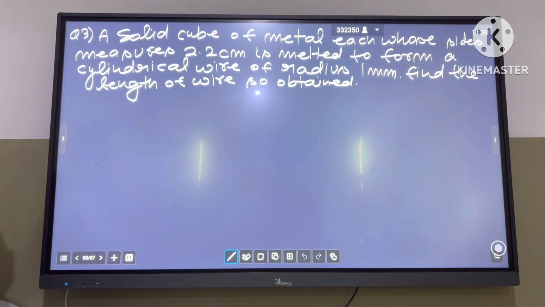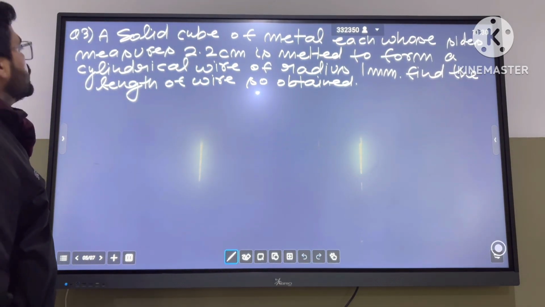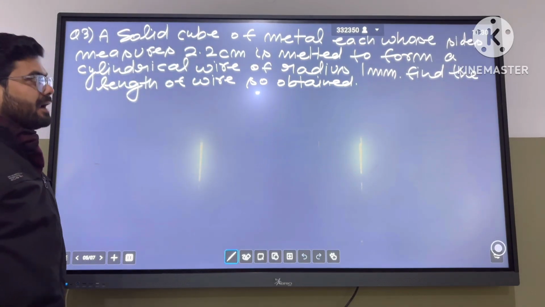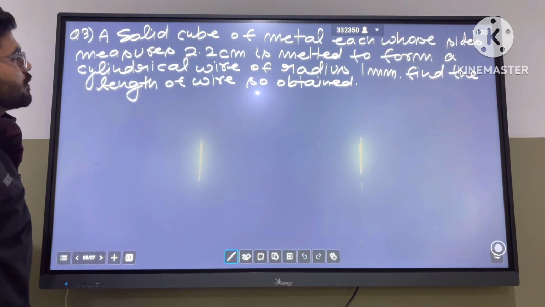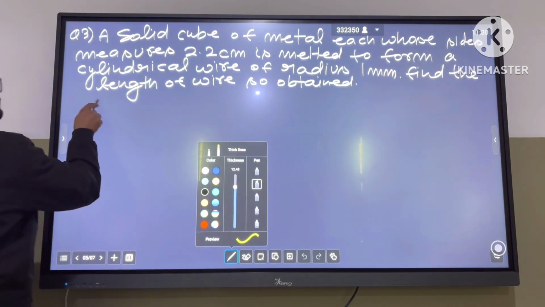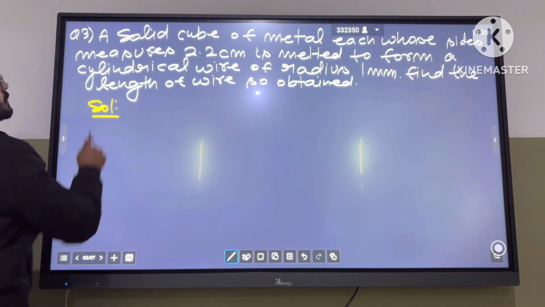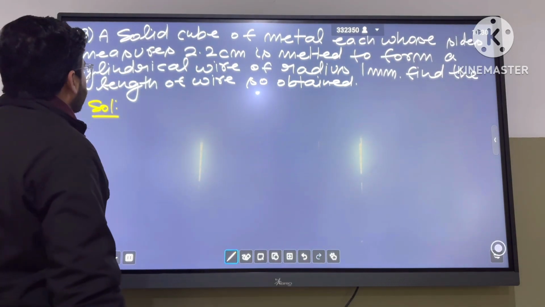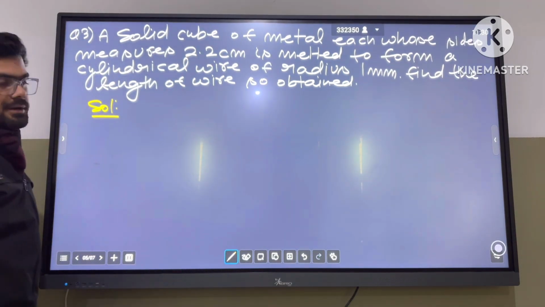A solid cube of metal, each of whose side measures 2.2 centimeter, is melted to form a cylindrical wire of radius 1 millimeter. Find the length of the wire so obtained.